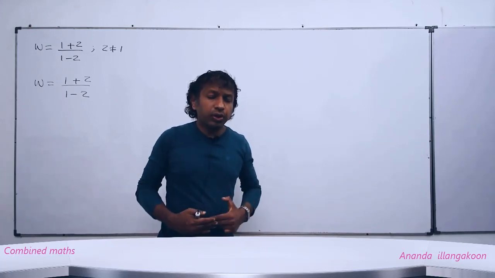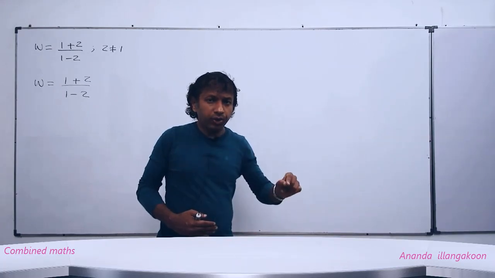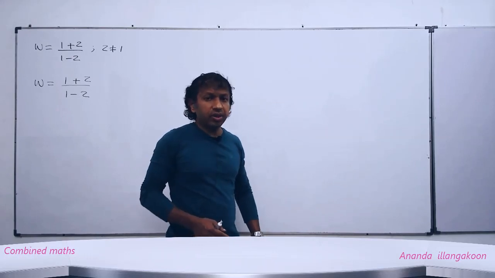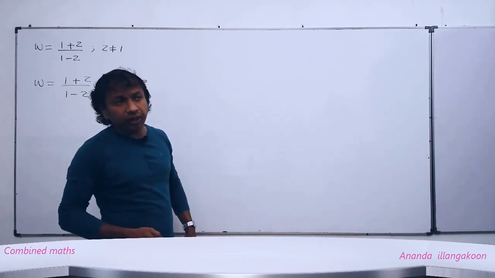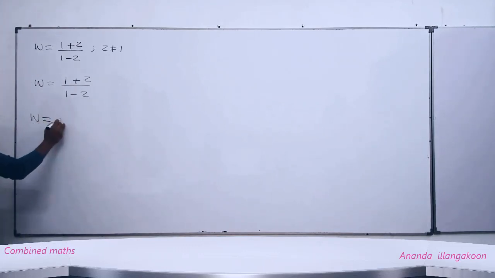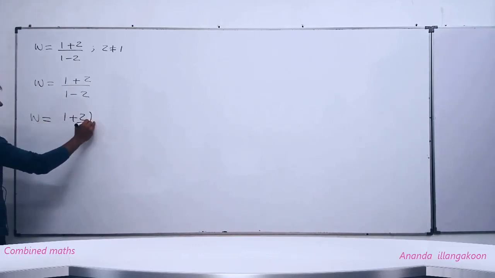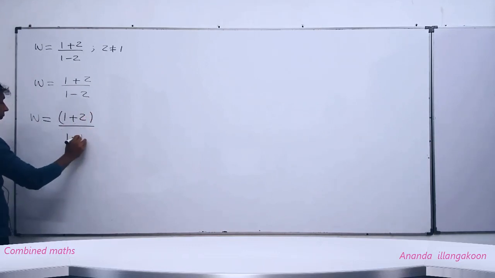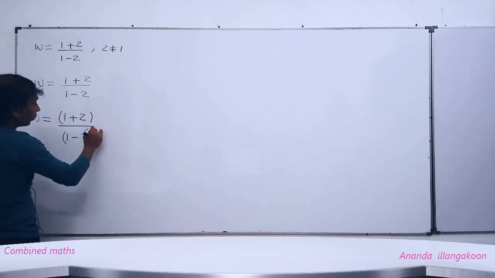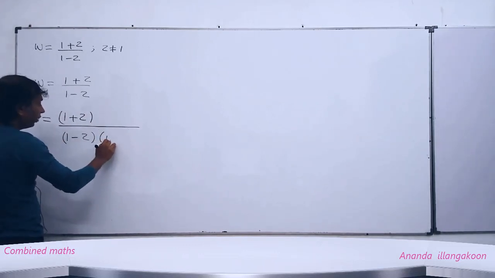The usual way to convert that is multiplying both the numerator and denominator by the conjugate of the denominator. That is the main tool we use. So we multiply this numerator and denominator both by the conjugate of the denominator this way.